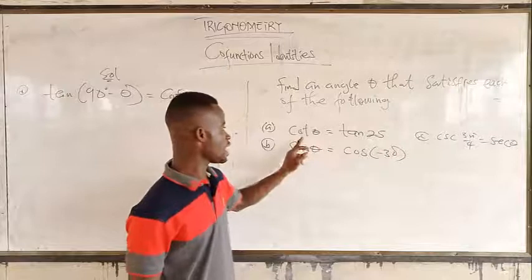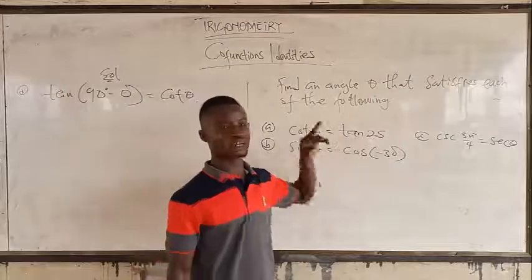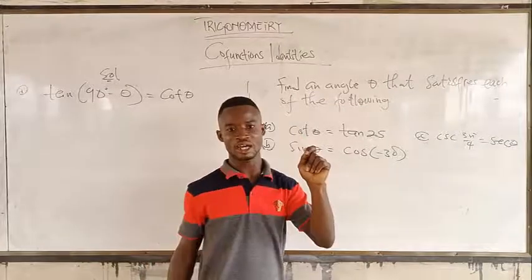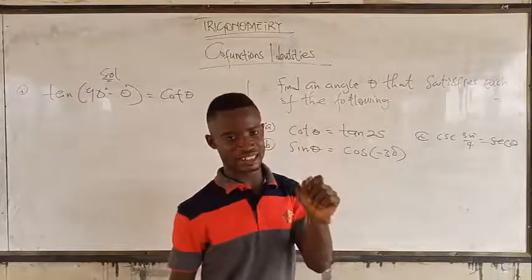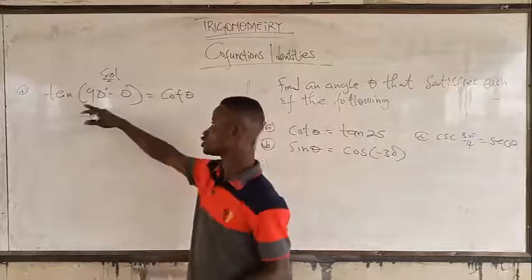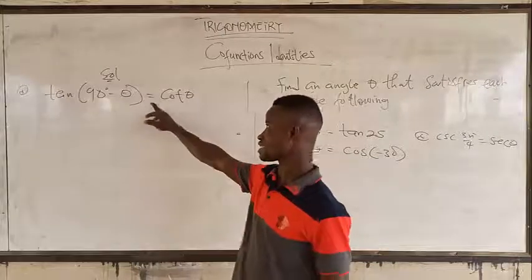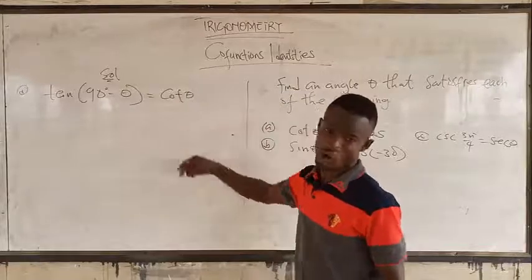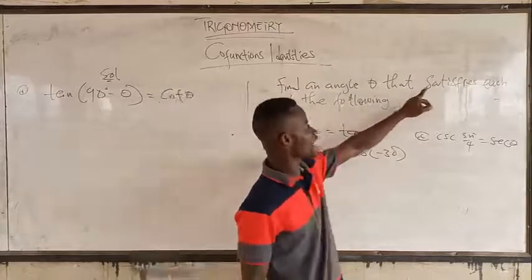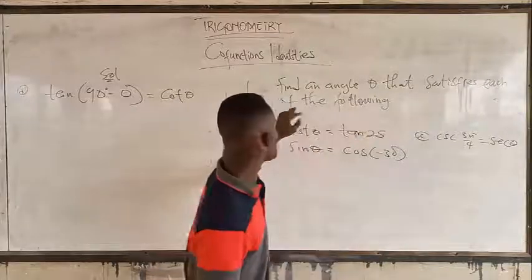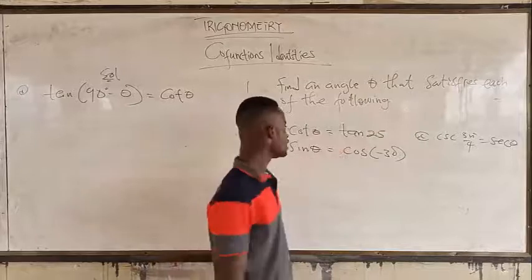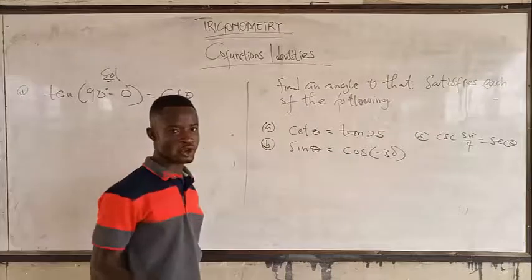Here we have cos and tan, so we link these two to the co-function identities, where tan(90 minus theta) is equal to cos theta.